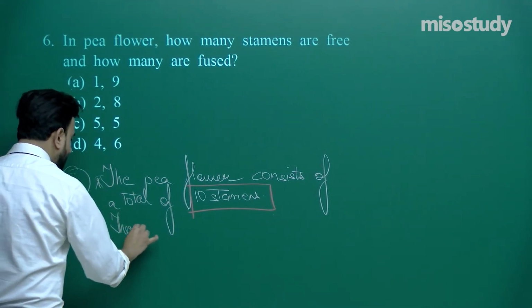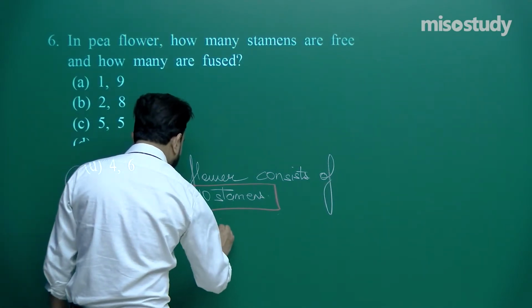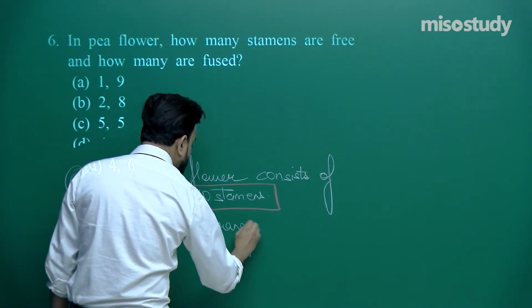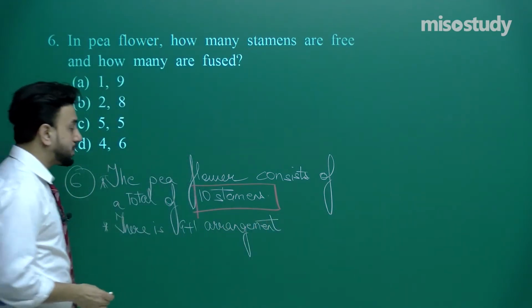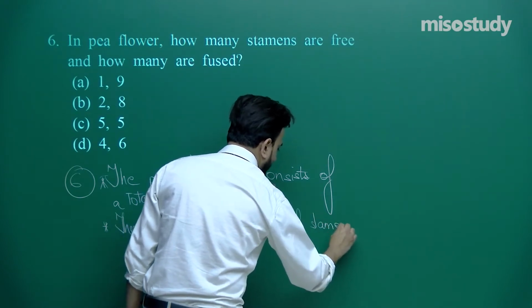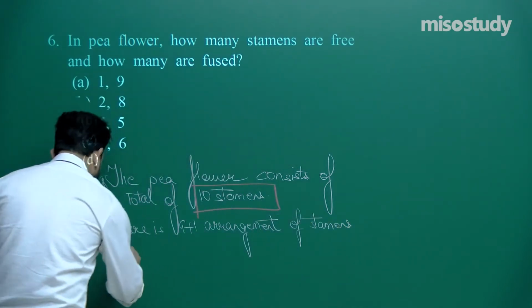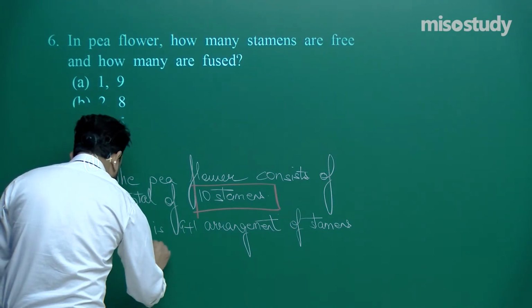There is a 9 plus 1 arrangement of the stamens in pea flower, in pea plant.